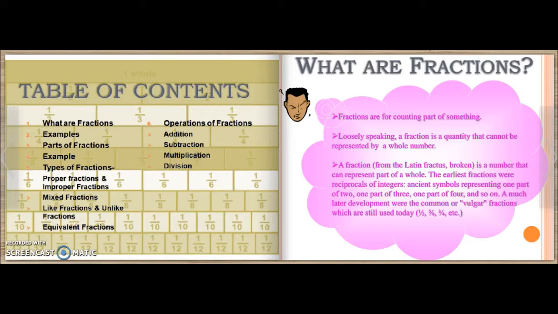The earliest fractions were reciprocals of integers, ancient symbols representing 1 part of 2, 1 part of 3, 1 part of 4, and so on. A much later development were the common or vulgar fractions which are still used today, such as 1 over 2, 5 over 8, 3 over 4, and etc.